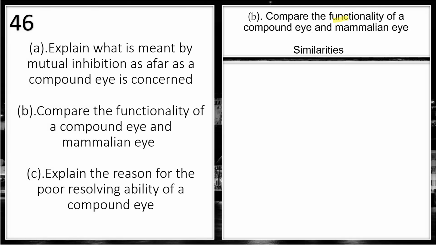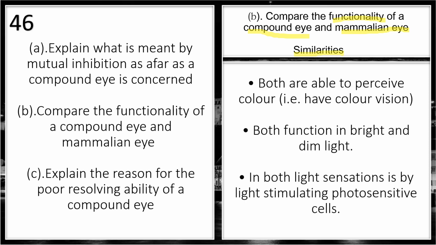Compare the functionality of the compound eye and the mammalian eye. We shall look at the similarities. Both are able to perceive color. They have color vision. Both function in bright and dim light.